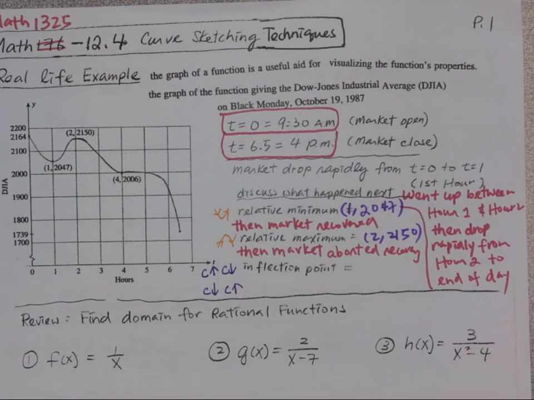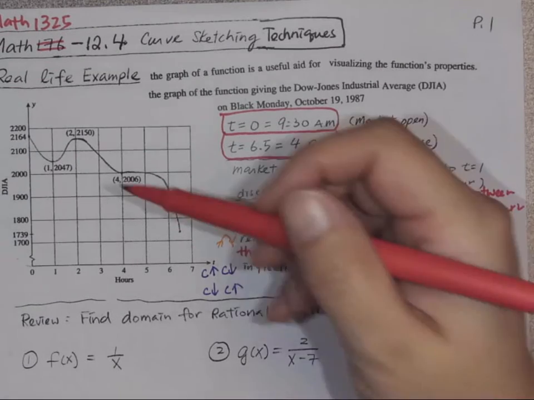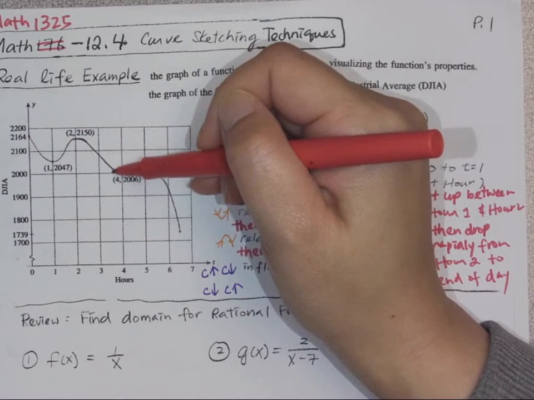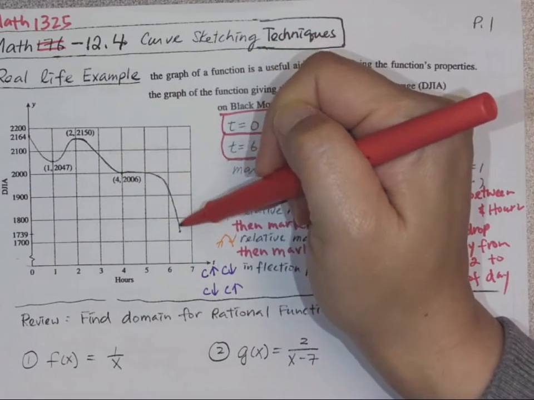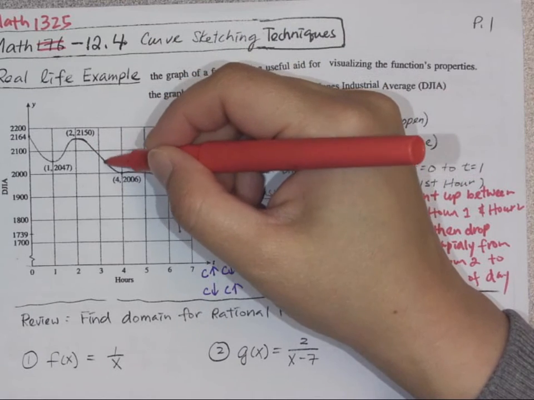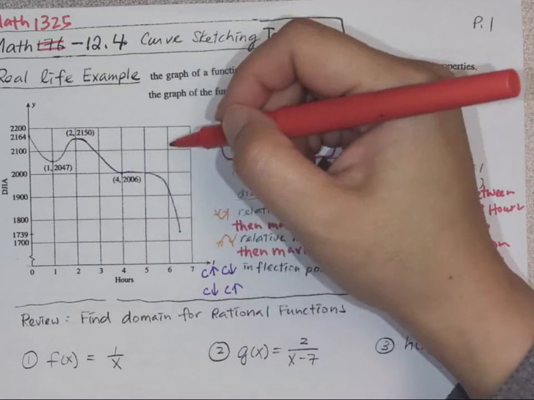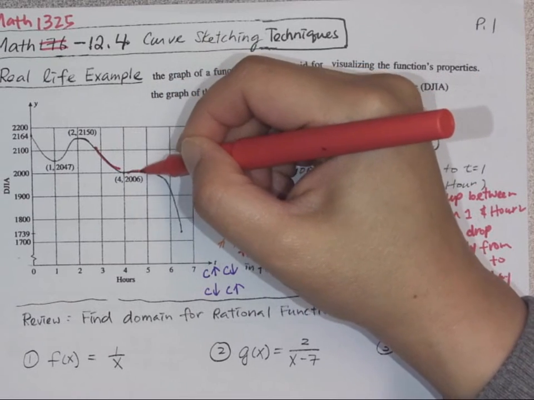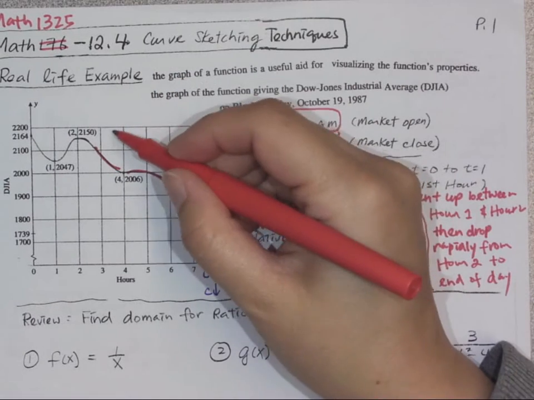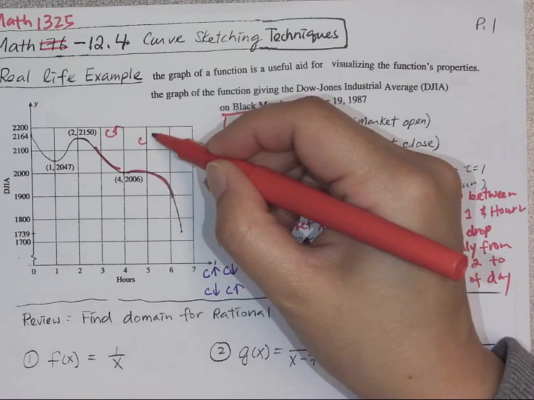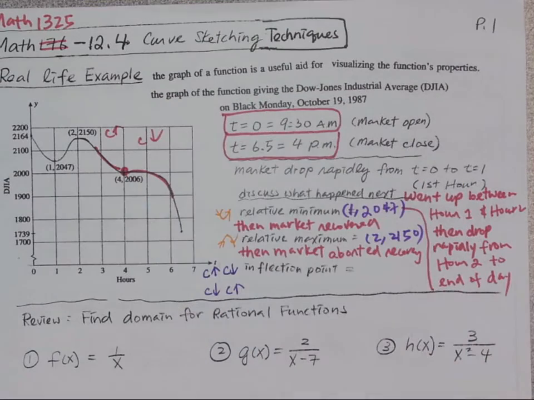This is concave up, concave down, and it looks like something changed here. Even though it's decreasing, this is decreasing rapidly, like concave up, and then this is like concave down. So it changed concavity here, from concave up to concave down. So it looks like this point is our inflection point.